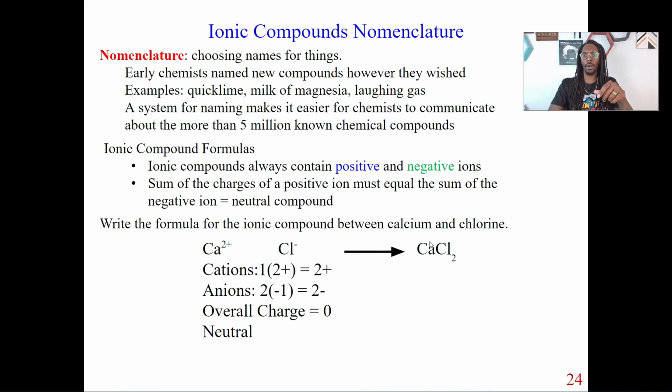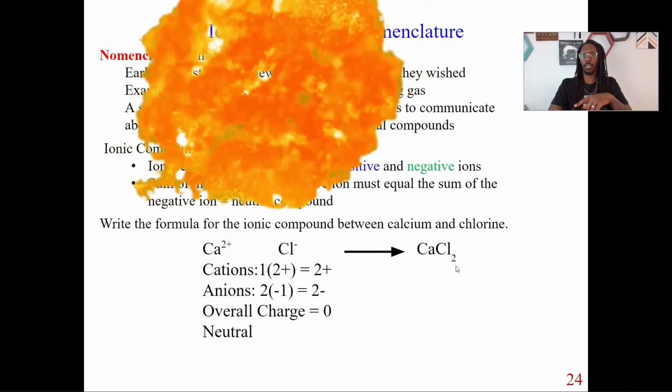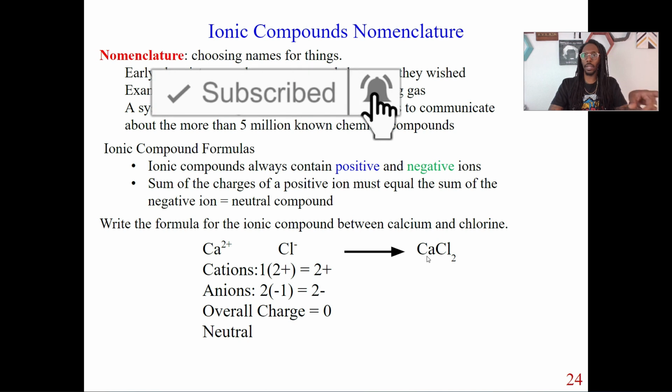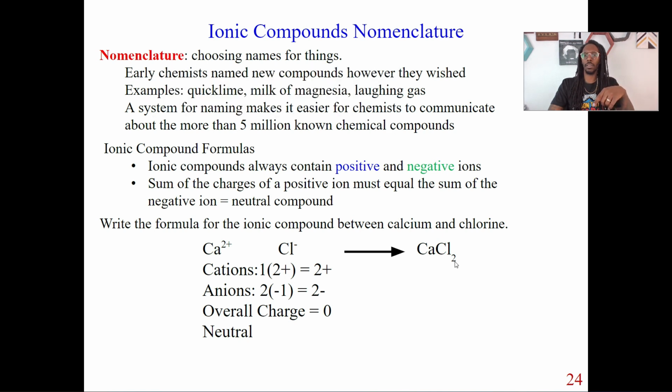So right now, I got a +2 and a -1. Well, I need 2 -1s to get me to my neutral compound. So my calcium is going to be a +2, and my chlorine is a -1, but I need 2 chlorines for every 1 calcium. And when we see this occur, we have an overall charge of 0. And now we know it's neutral, okay?